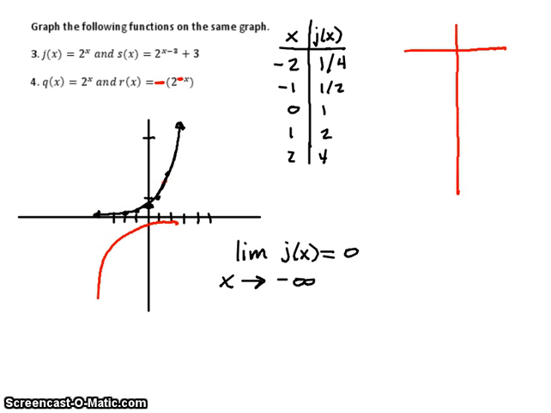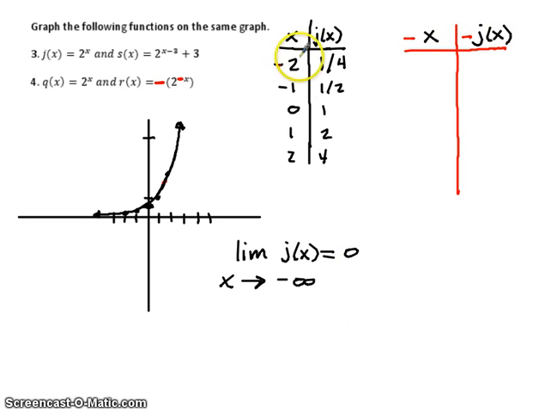Okay? But let's go ahead and come up with some exact values to represent here. So we're going to take our original x value and multiply by a negative. And we're going to take our original y value and multiply it by a negative. Okay?